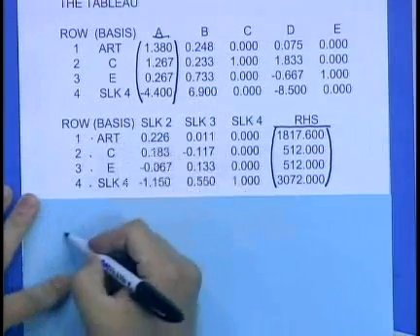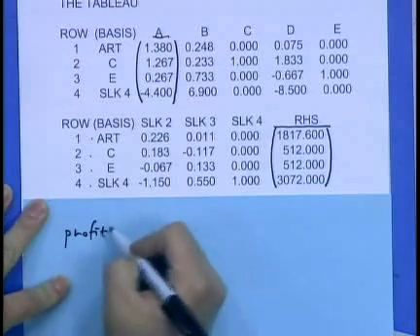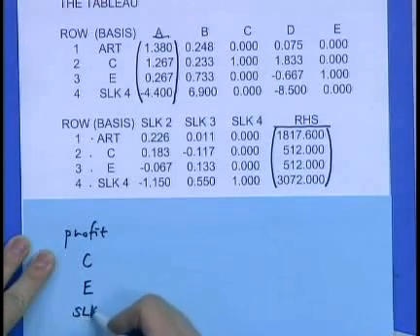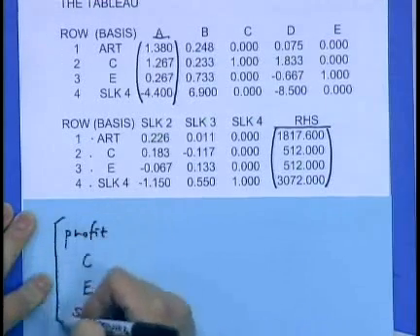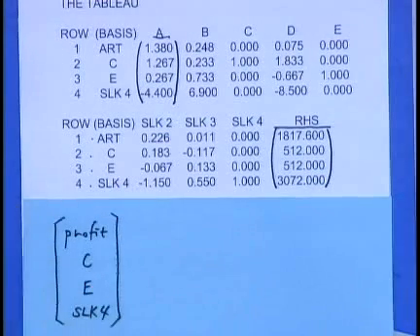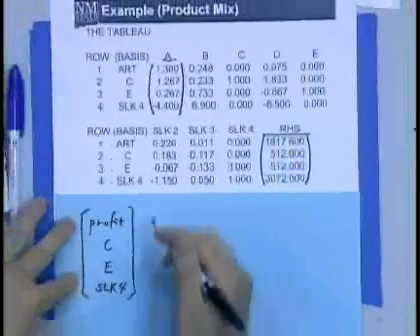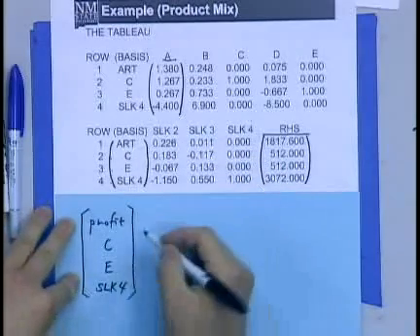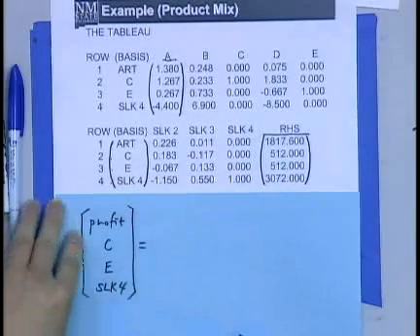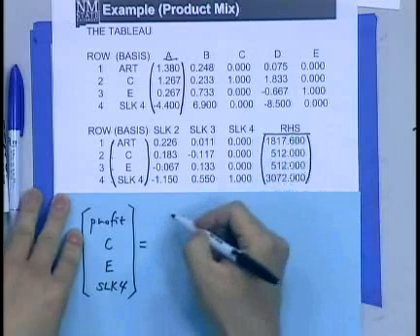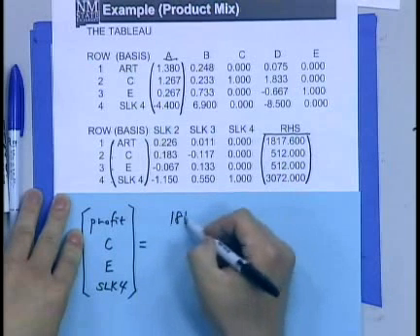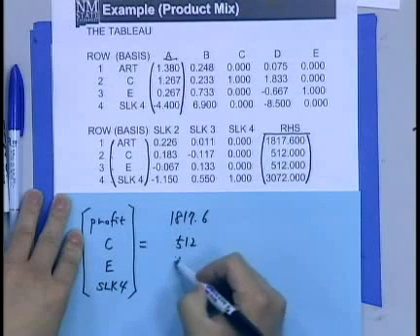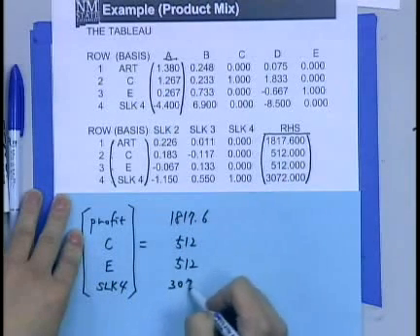So the profit, C, E, and slack variable 4 are the basic variables currently. I've just got the right-hand side values from here, which are 1817.6, 512, and 3072.